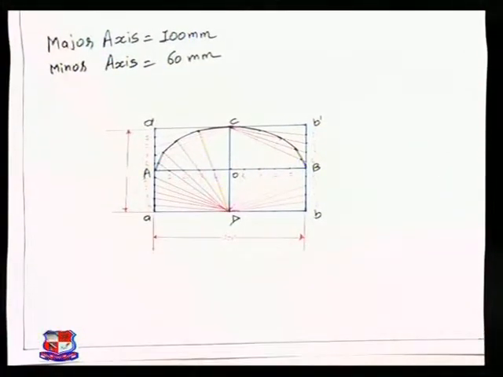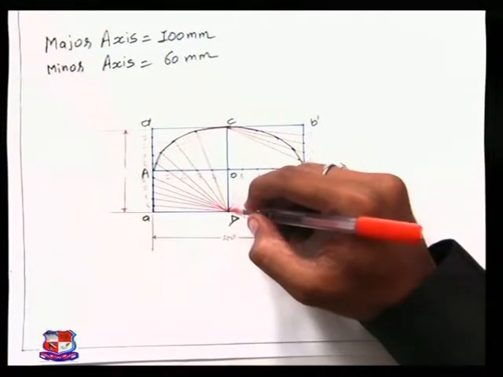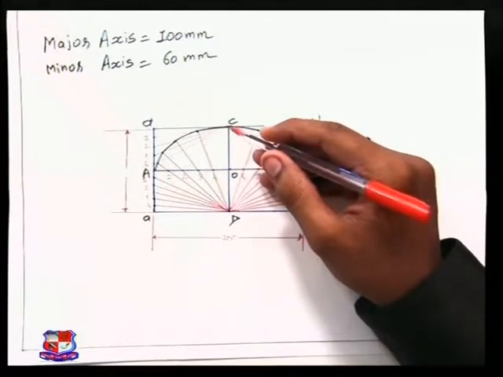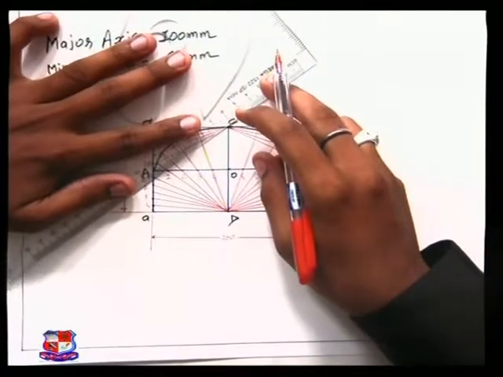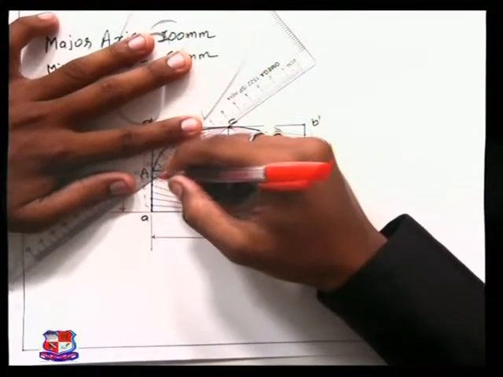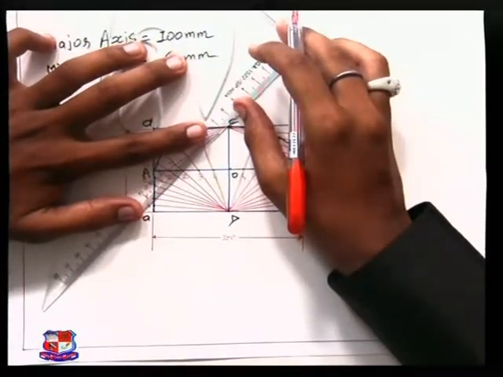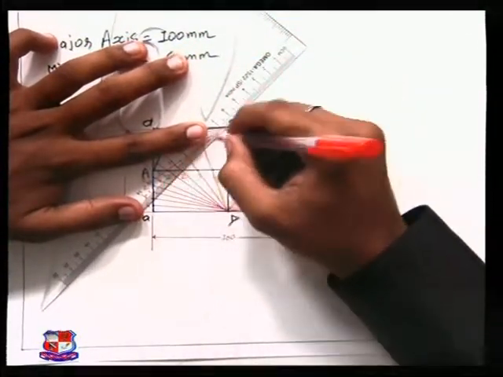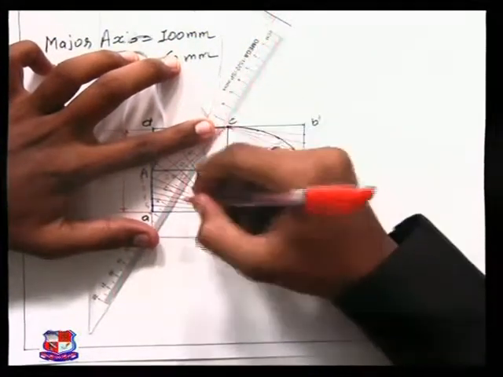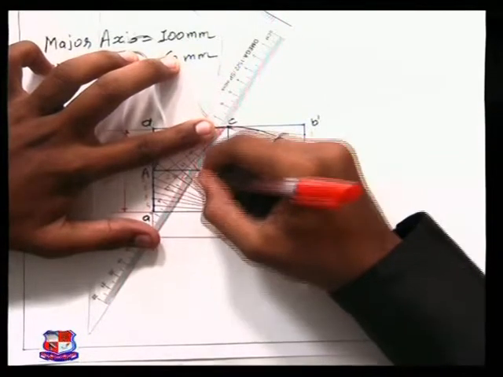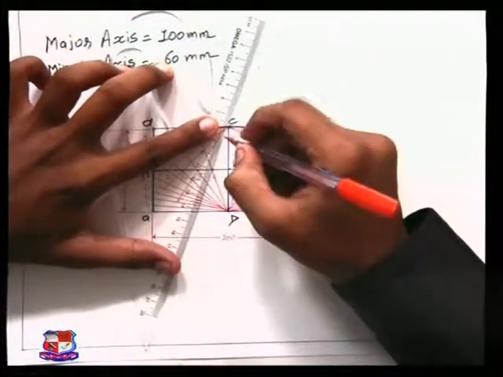Now, as we have done on the upper half, we have taken the points from D. Now it's time for taking the points from C. C to 1, touching the first line. C to 2 touching the second line. C3 touching the third line, and C4 touching the fourth line.